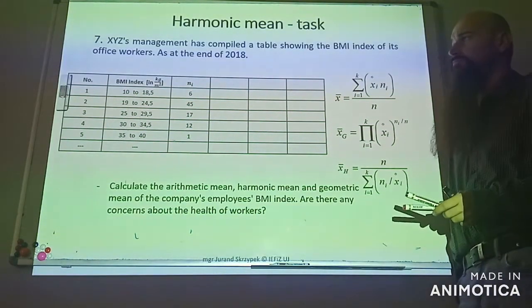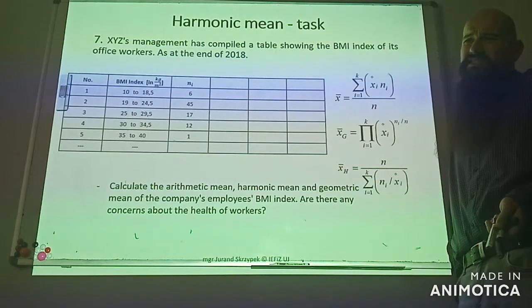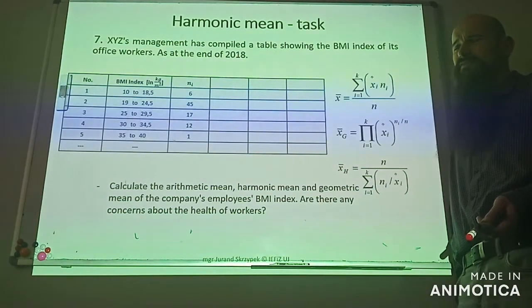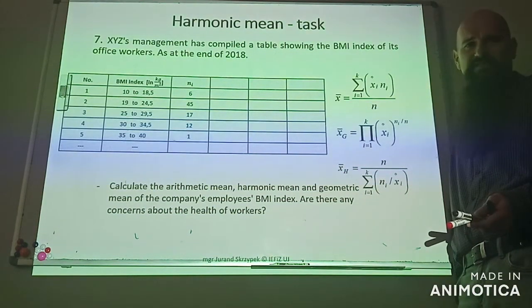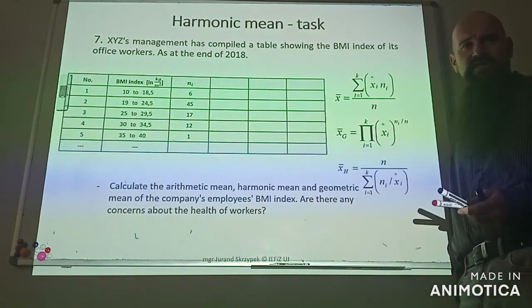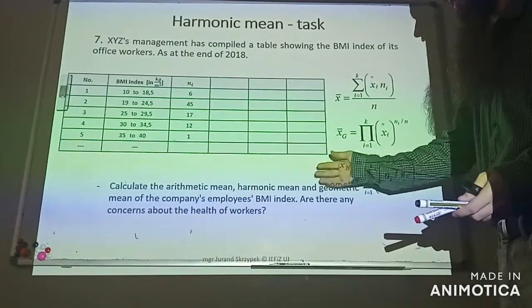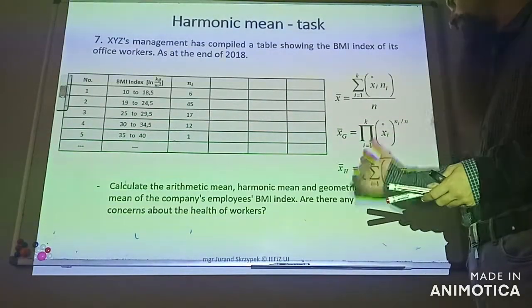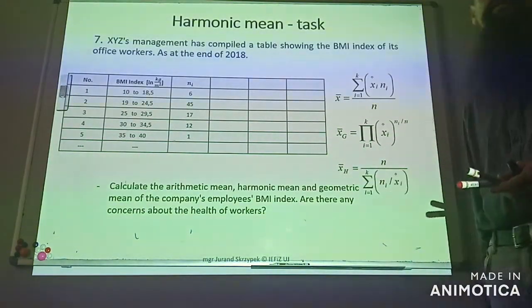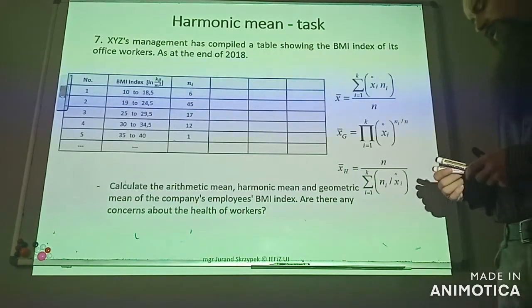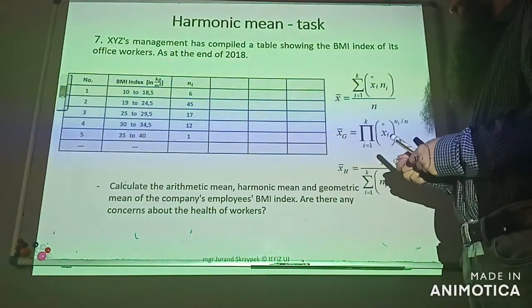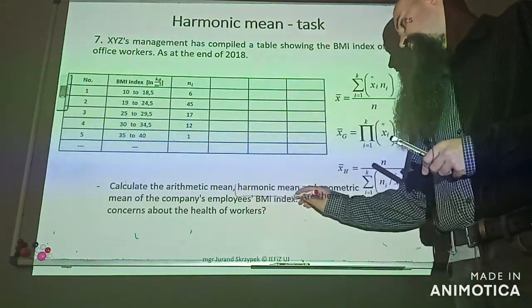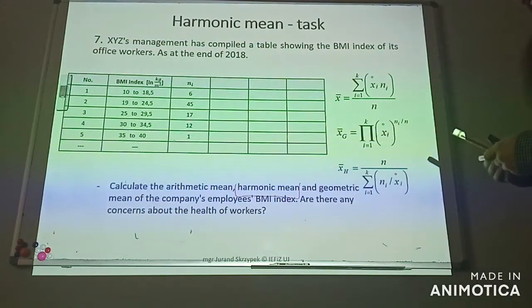Task 7. The task summarizes today's considerations, because the command is: calculate the arithmetic, the harmonic and geometric mean. Here we focus, at the moment, on the harmonic mean.